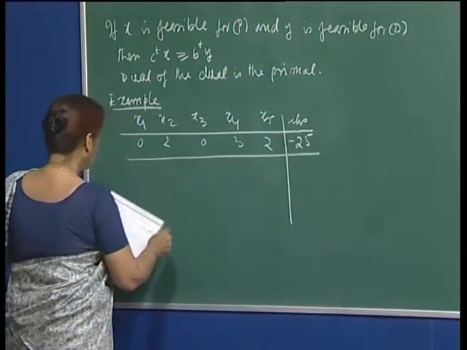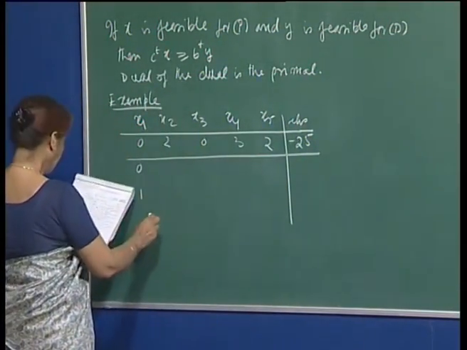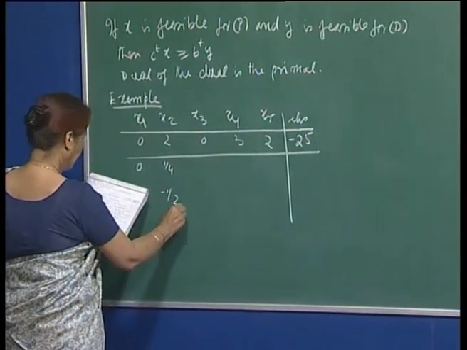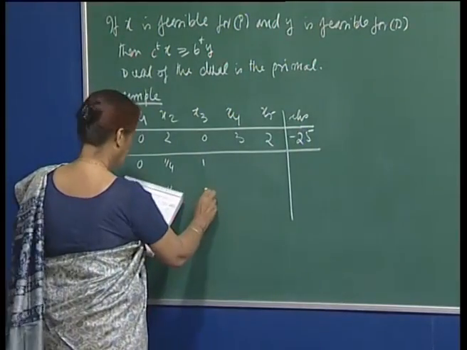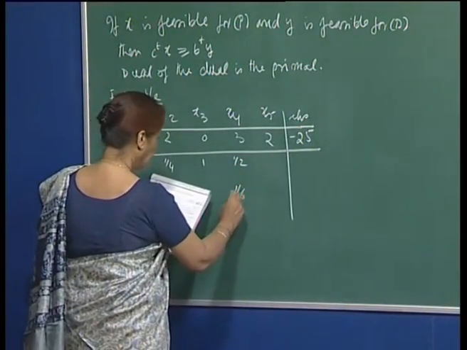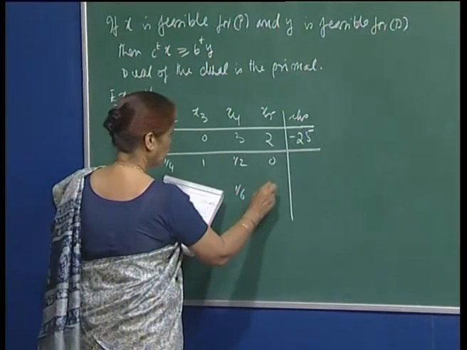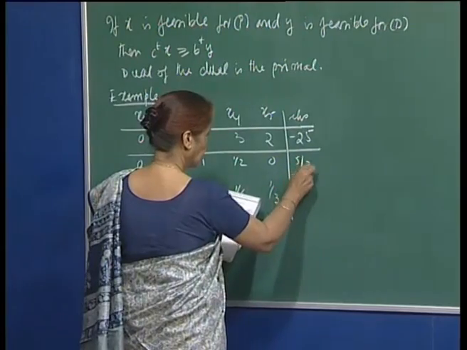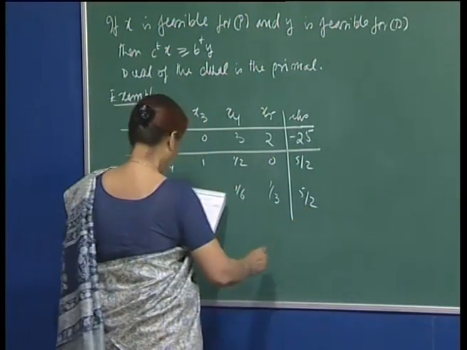Then the constraint part is 0, 1, 1 by 4, minus 1 by 2, 1, 0, 1 by 2, 1 by 6, 0, 1 by 3, and the basic feasible solution is 5 by 2, 5 by 2.